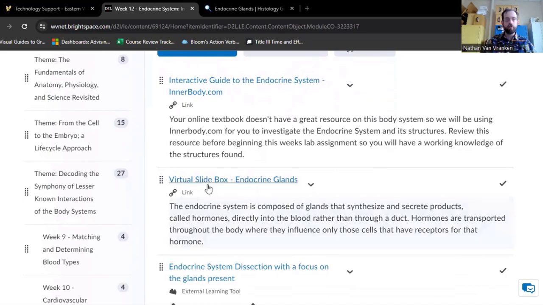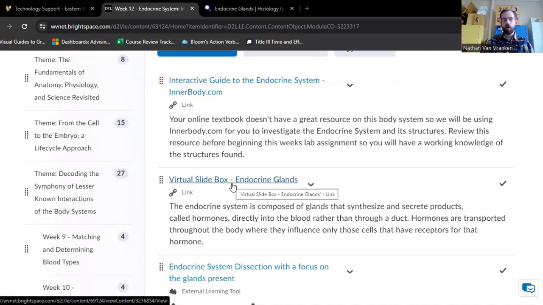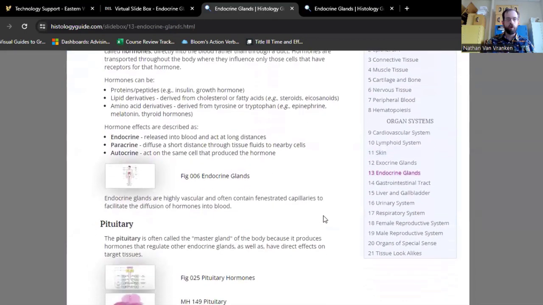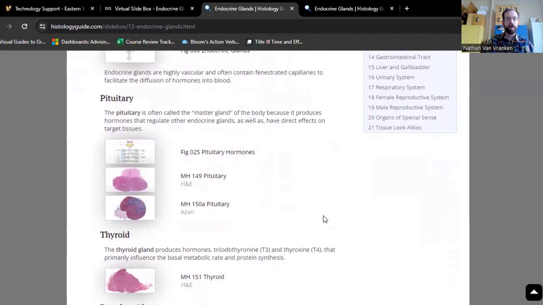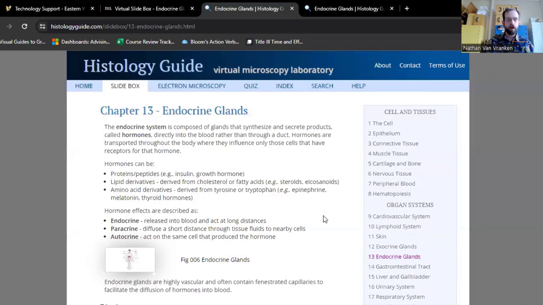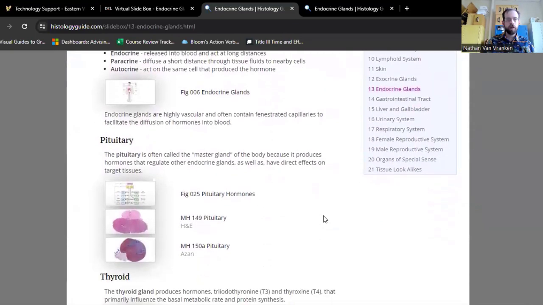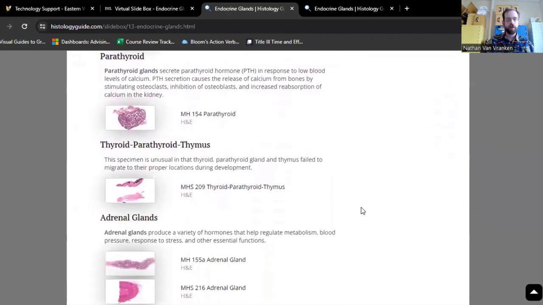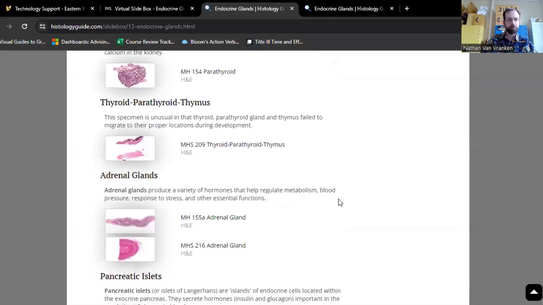And I've got this virtual slide box, open educational resource, one that we've been using on and off throughout the class. And you can click onto it and it brings you to a variety of good high resolution slides. These are sorted for the endocrine system. They're organized by pituitary, thyroid, parathyroid, both the thyroid and parathyroid together with the thymus, so that way you get a nice comparison between the different structures as they are all interlaced.